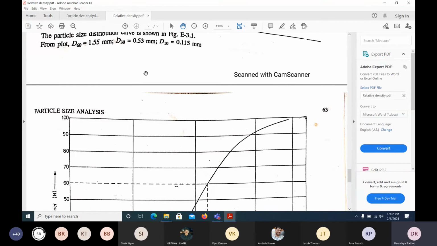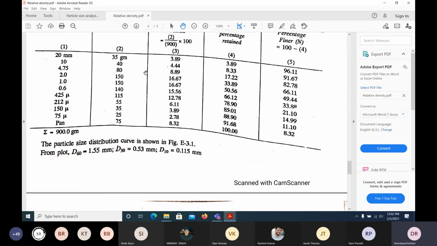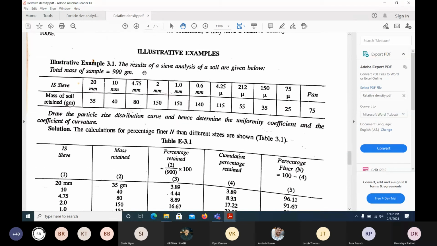Sieve analysis is used for coarse grain soil. What are those coarse grain soils? Sand plus gravel is called coarse grain soil. Those soils of bigger particle size, that means above 75 micron, retained on the 75 micron, are called sand and gravel. When we call it gravel, it is retained on the 4.75 mm sieve.